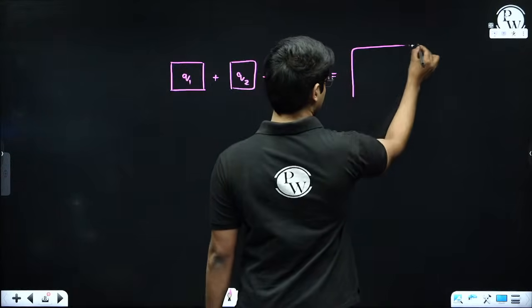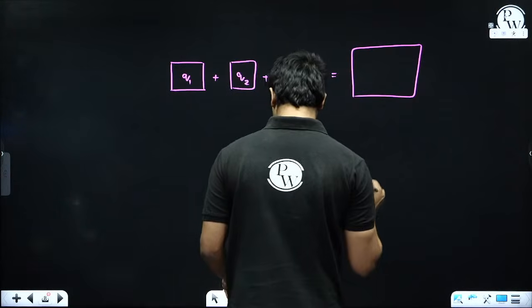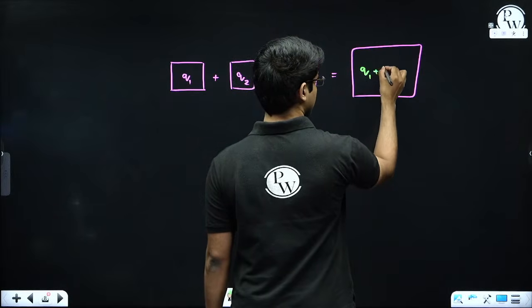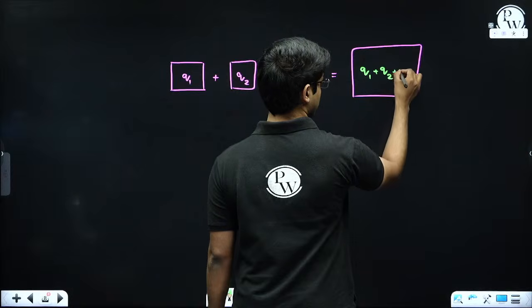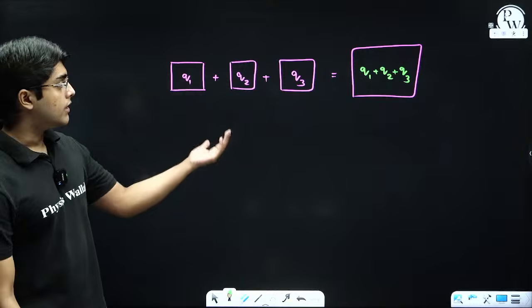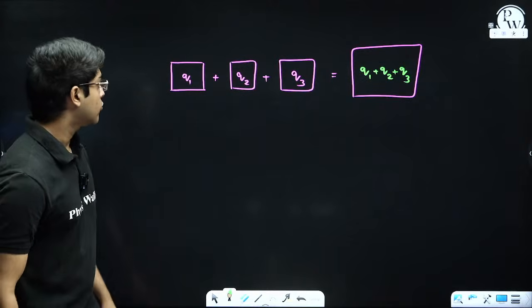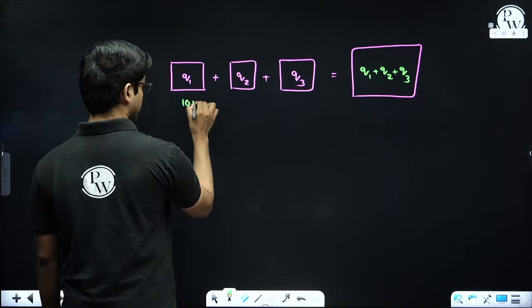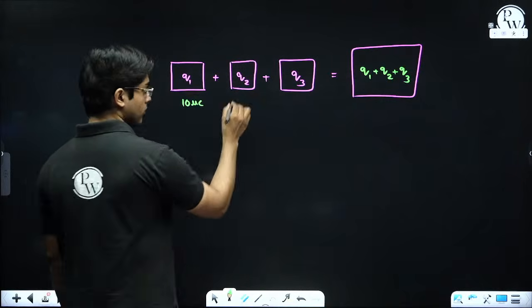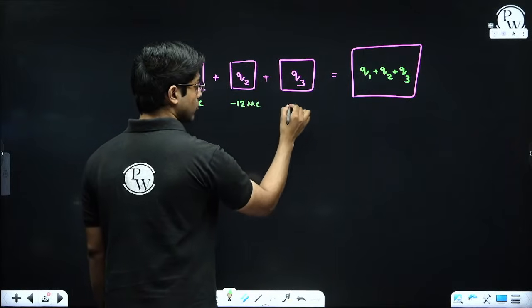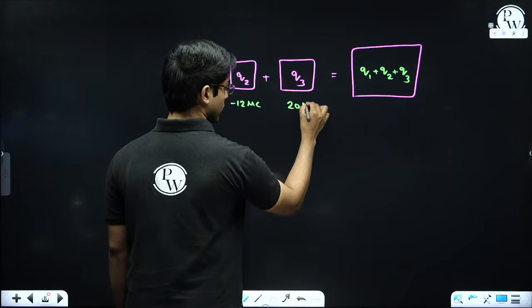Then the final box will have a charge of, simply, Q1 plus Q2 plus Q3. So charges are simply added like numbers. For example, let's say Q1 is 10 microcoulomb, Q2 is minus 12 microcoulomb, and Q3 is 20 microcoulomb.